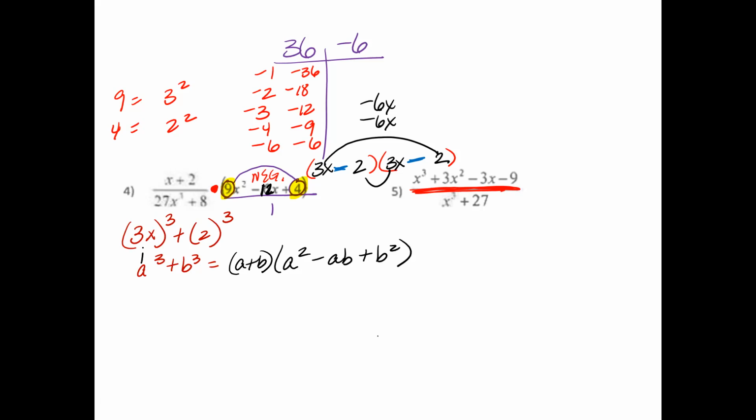And so you know that your a is 3x, your b is 2. So a plus b is going to be 3x plus 2. And then a squared is 3x times 3x, that's 9x squared. a times b is 3x times 2, so minus 6x, plus b squared. 2 times 2 is a 4.